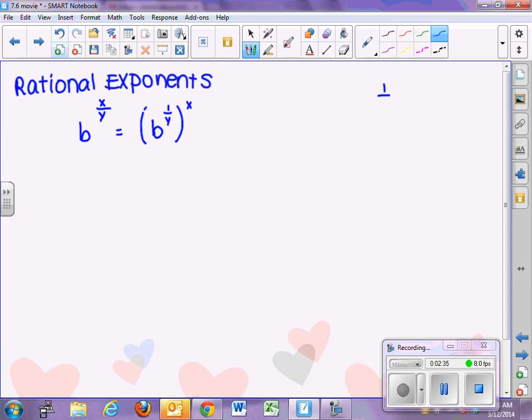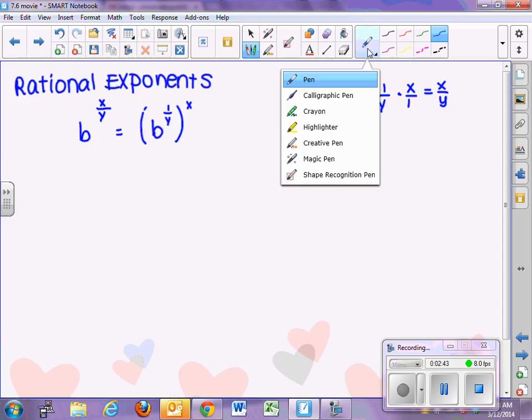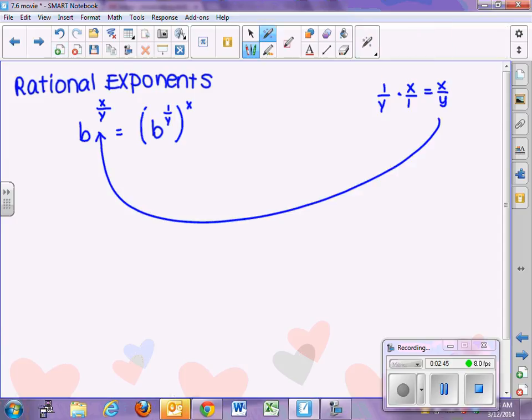When you multiply 1 over y times x, or x over 1, don't you get x over y, which is what we have over here? So raising b to the 1 over y power and then taking that and raising it to the x power would be the same as taking b raised to the x over y power.